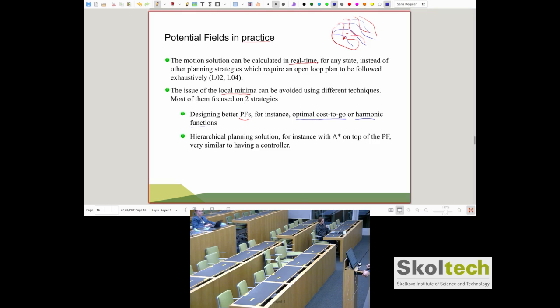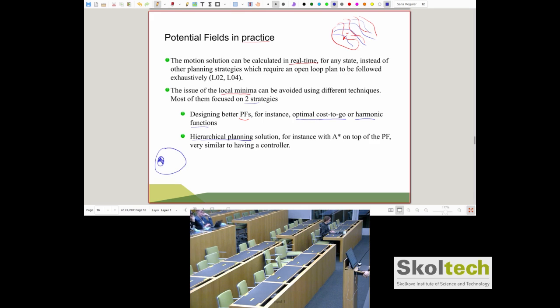Another very interesting strategy is hierarchical planning. So do you remember first day when I was talking about topology on planning and many alternatives? There was one thing that I was saying, look, you could have your planning here that is kind of inserted into a hierarchically higher solution of your plan, right?